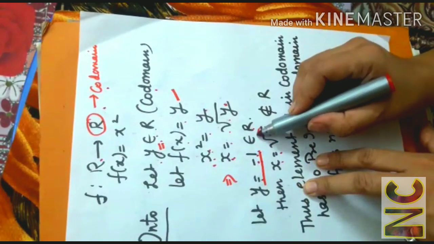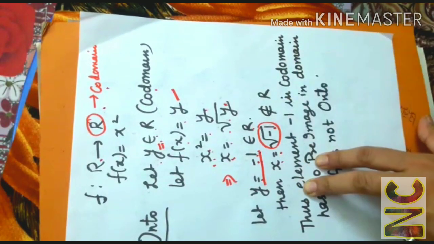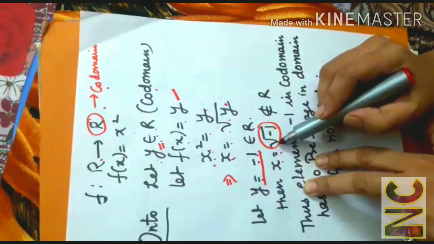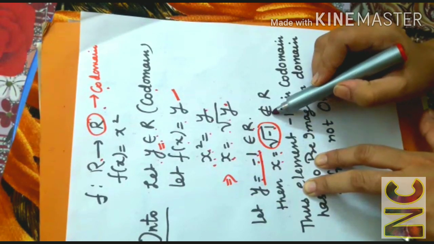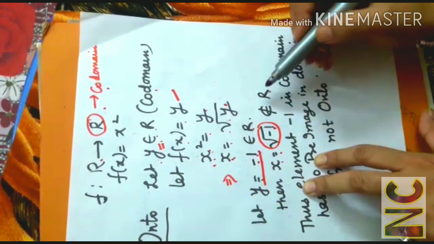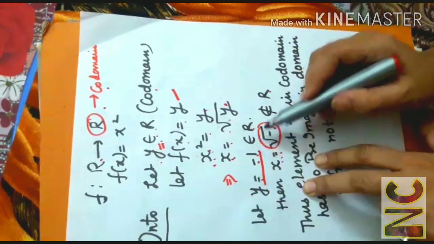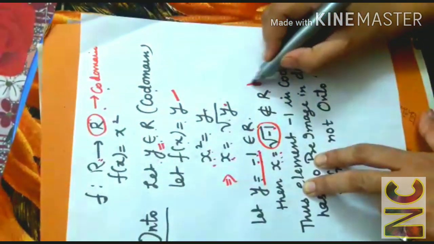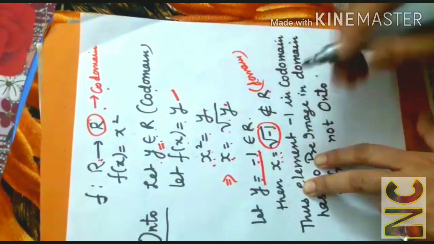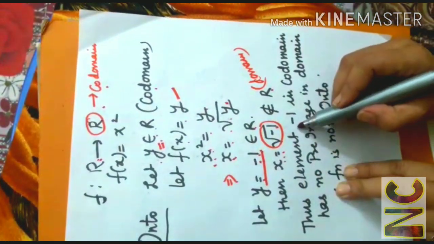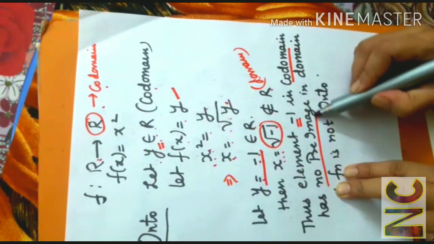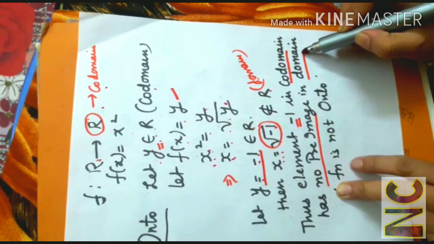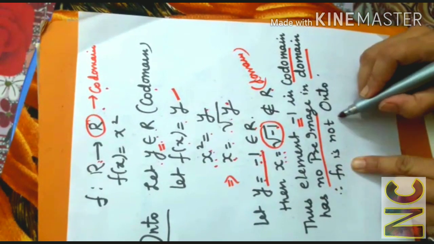Now the question is, is this x a real number? The answer is no. Square root of minus 1 is an imaginary number. So it does not belong to the set of reals. That is, x in this case will not belong to the domain. So here the element minus 1 in the codomain has no pre-image in the domain. Therefore, the function is not onto.